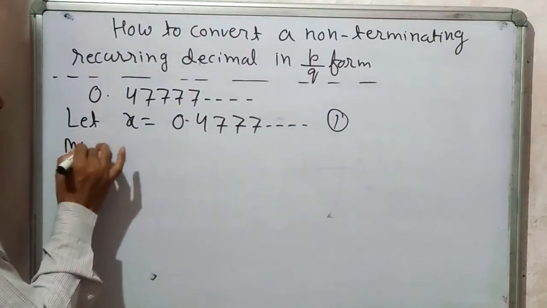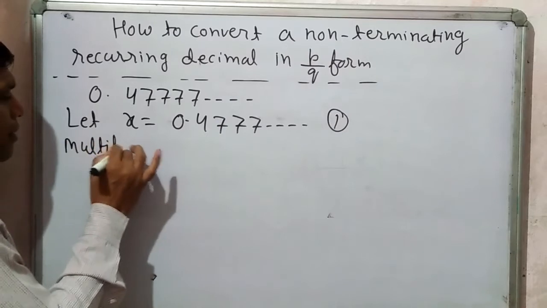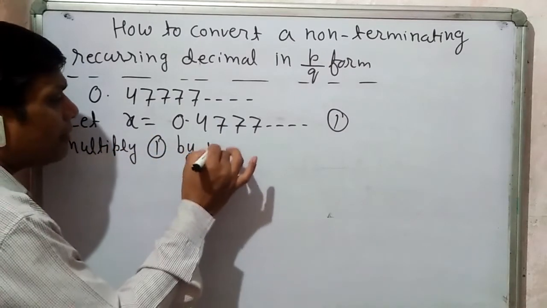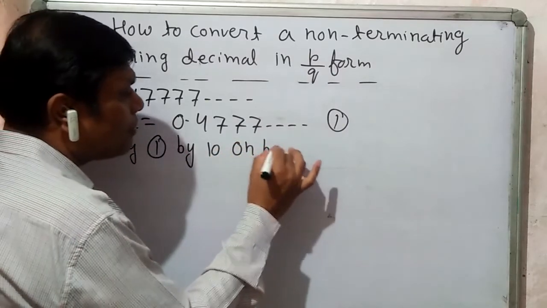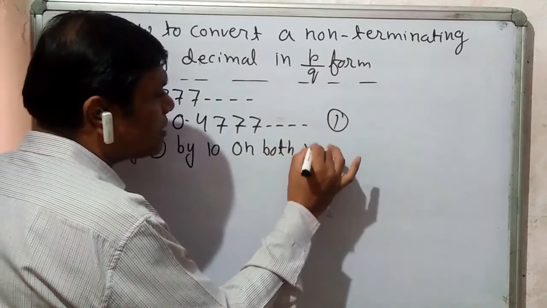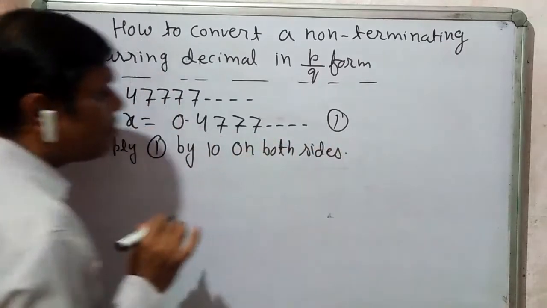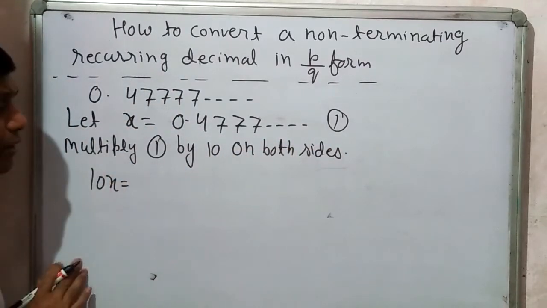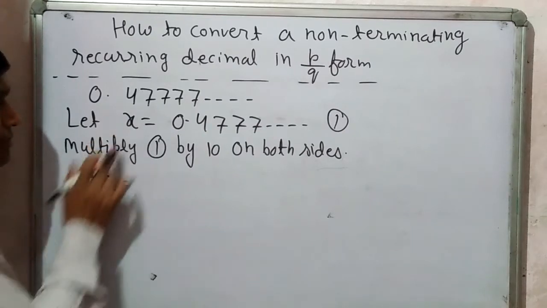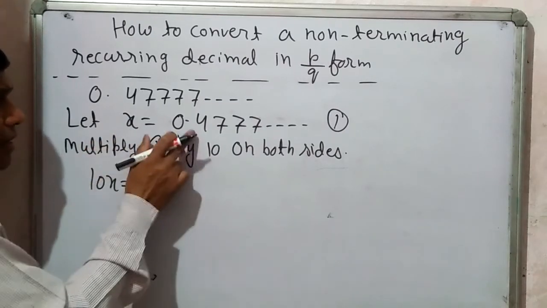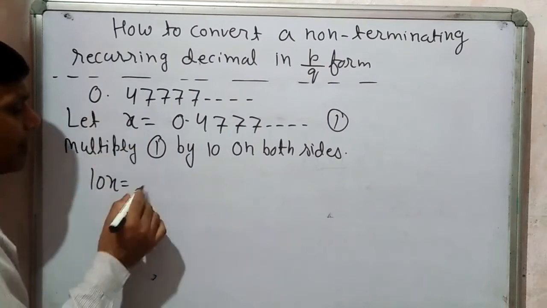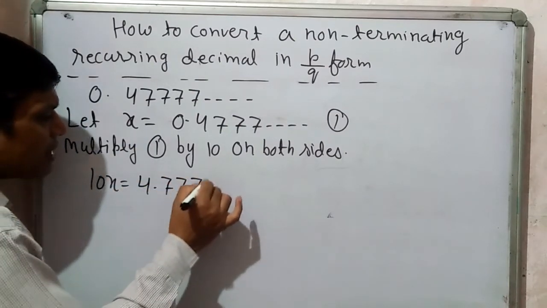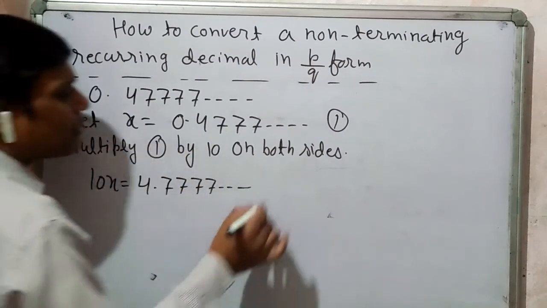So we multiply equation 1 by 10 on both sides. When we do so, 10x equals 4.7777 repeated many times.